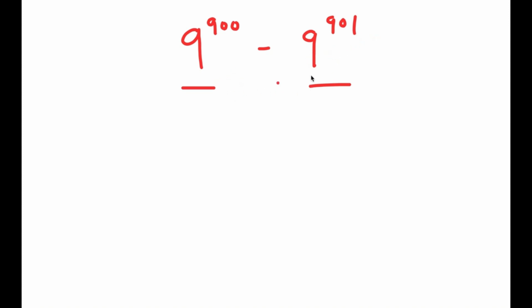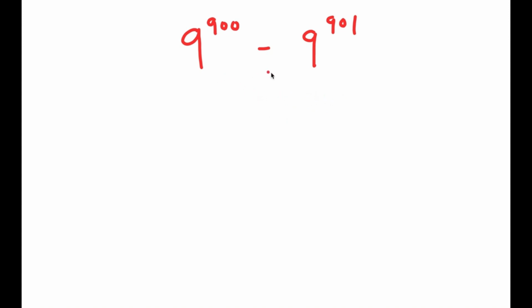These two terms are pretty similar, except that the exponent for 9 to the power of 900 is 1 less than the exponent for 9 to the power of 901. So the easiest way to solve this is to simplify this as much as we can. And a way to do that is to factor out a term.